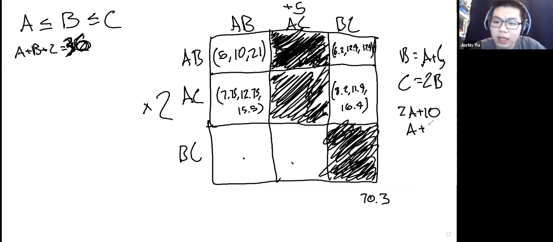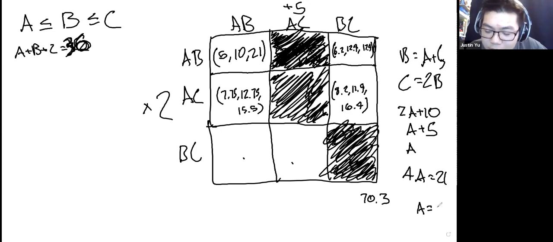We have 2a plus 10, a plus 5, and a. So what do we end up with? 4a is equal to 21. So a is going to be 5.25, and 2a is going to be 10.5.